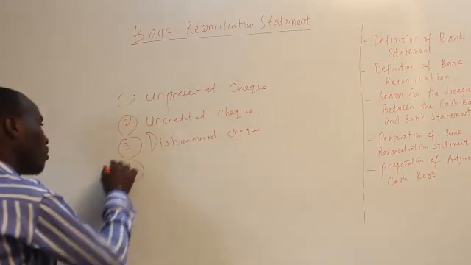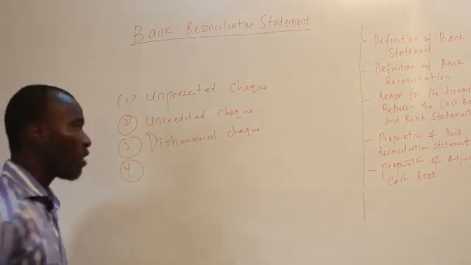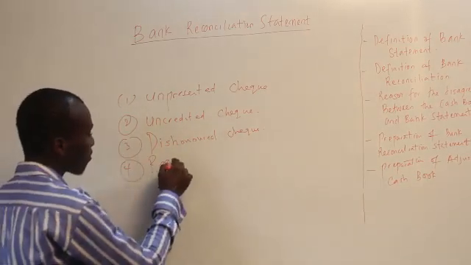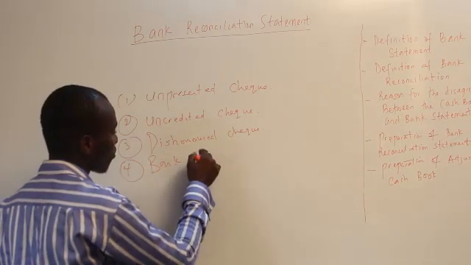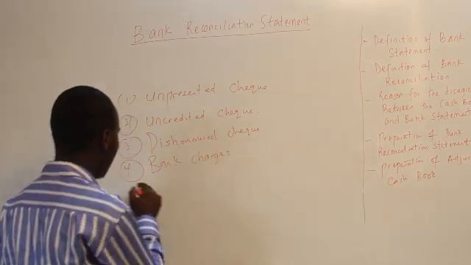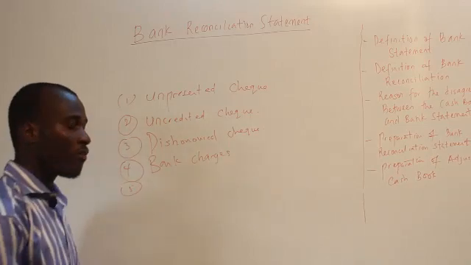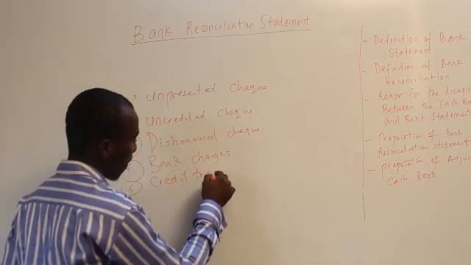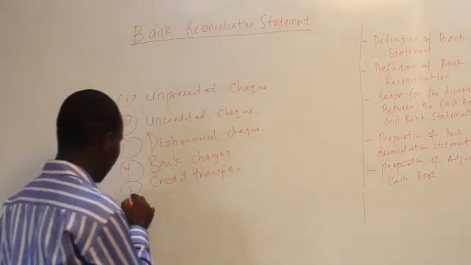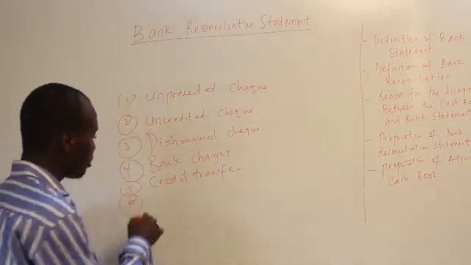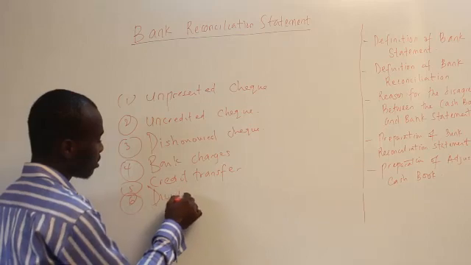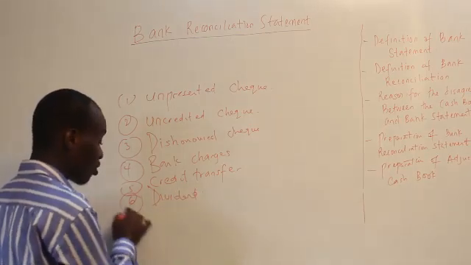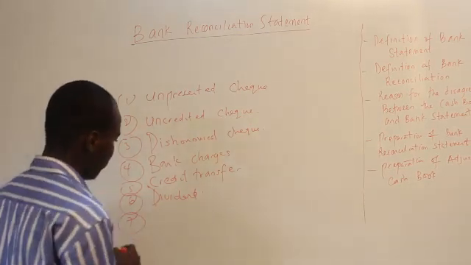Then four, we have bank charges. And the fifth one, we have credit transfer. In the sixth one, we have the dividend. In the seventh one, we have standing order.